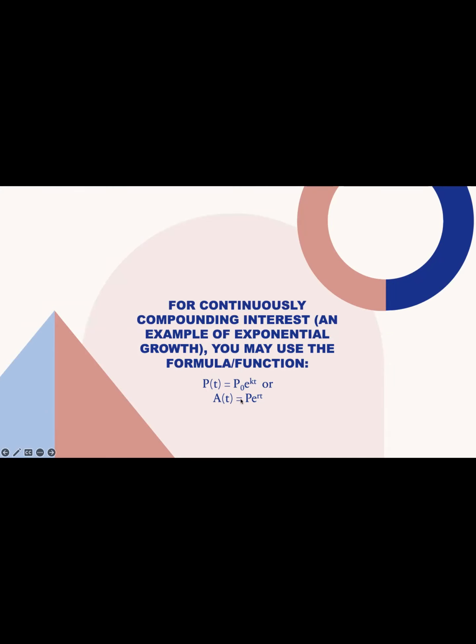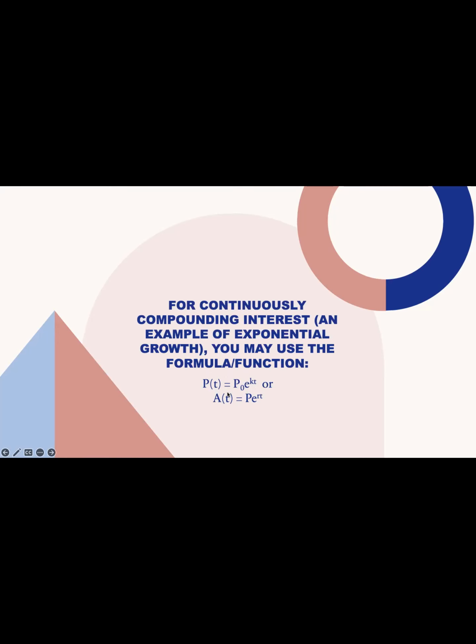The first one, P of t equals P sub 0 times e to the kt power, is typically used if you're talking about exponential growth of populations, like the population of rabbits, or mice, or humans growing exponentially.